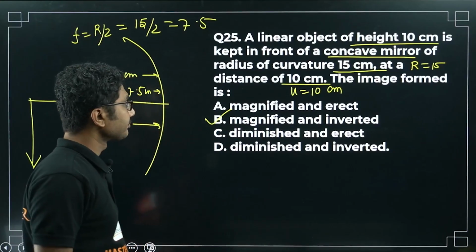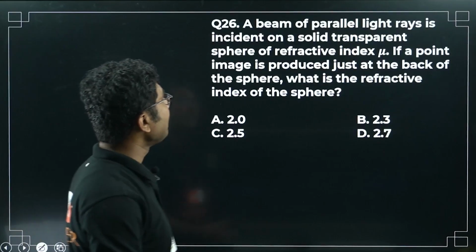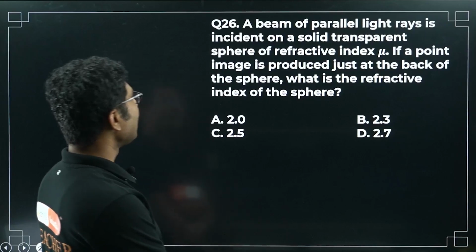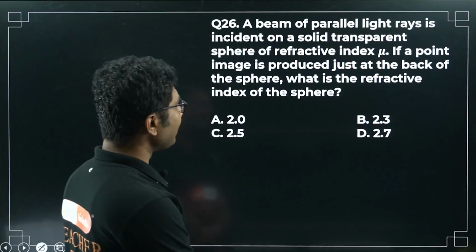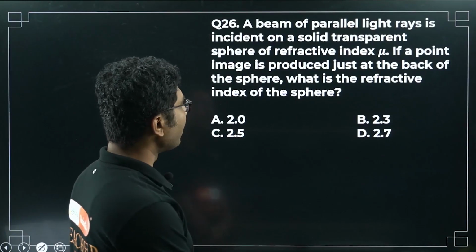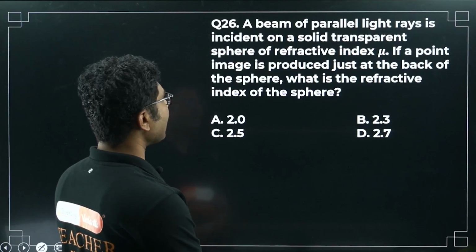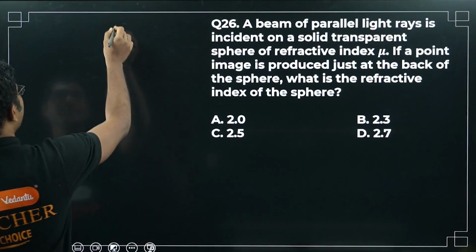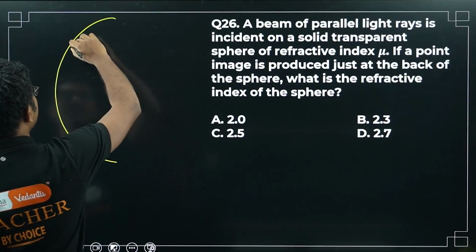Okay, next question. A beam of parallel light rays is incident on a solid transparent sphere of refractive index mu. If a point image is produced just at the back of the sphere, what is the refractive index of the sphere? So here we have a sphere.